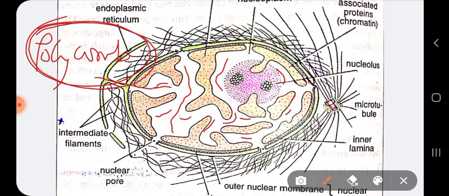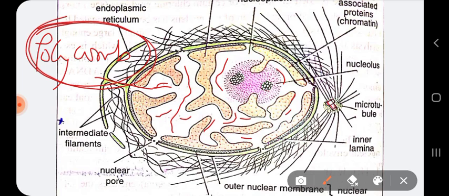Then nucleoside triphosphatase, adenosine deaminase, pyruvate kinase, nucleoside phosphorylase, aldolase, enolase. As you have studied a little in your biochemistry syllabus, different types of enzymes are found within the nucleus, specifically within the nucleoplasm. I have mentioned some of them.